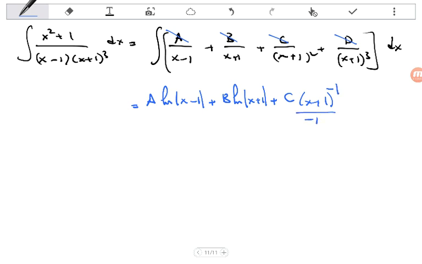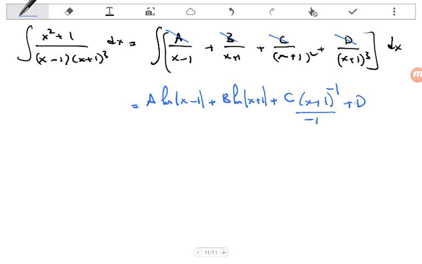Do you remember the first generalization, where I have a linear bracket instead of x? So I can now use the power rule: add 1 to the power and divide by the new power.